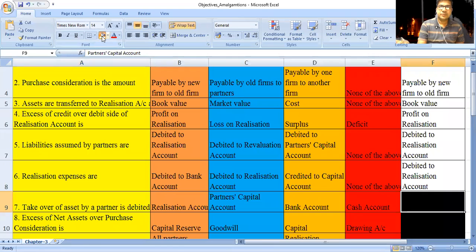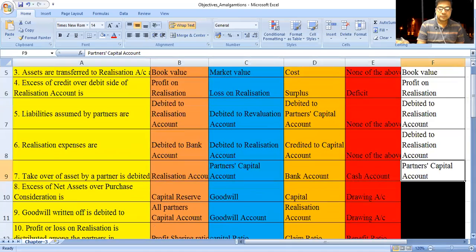The answer will be partner's capital account. Yes, I hope you understood what is going on. Many got these answers. Rushali, Mohit, Sahil also got the same.